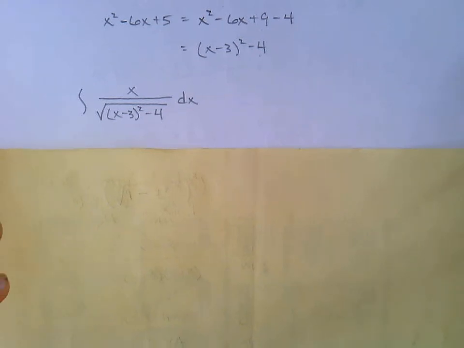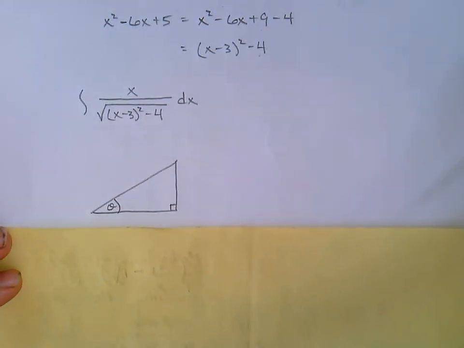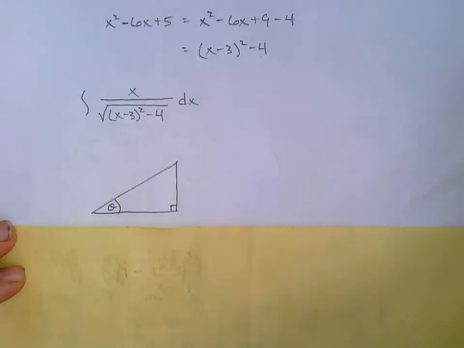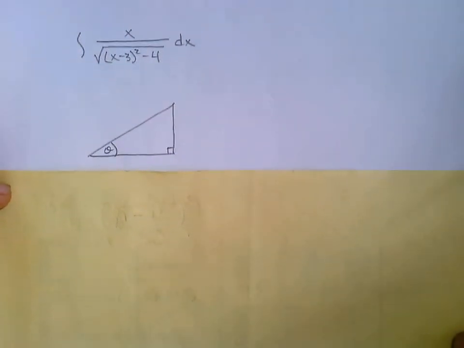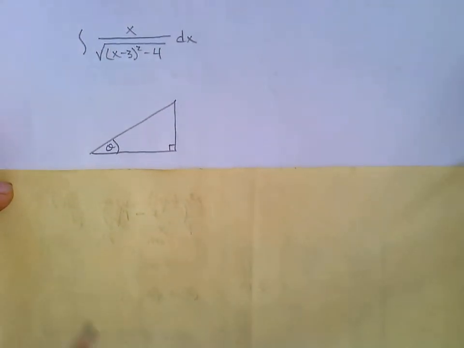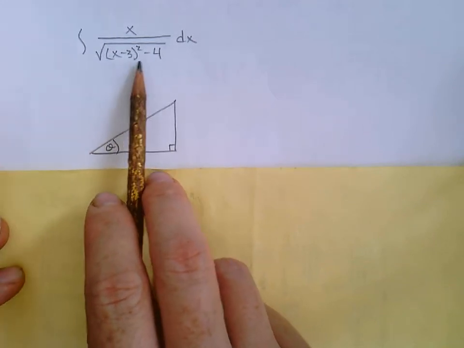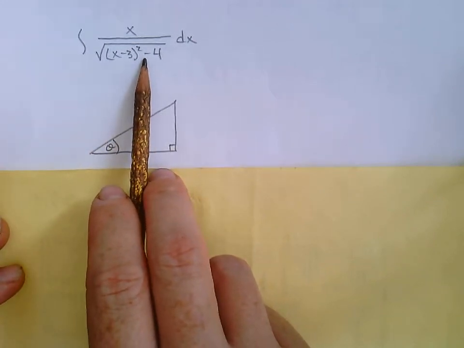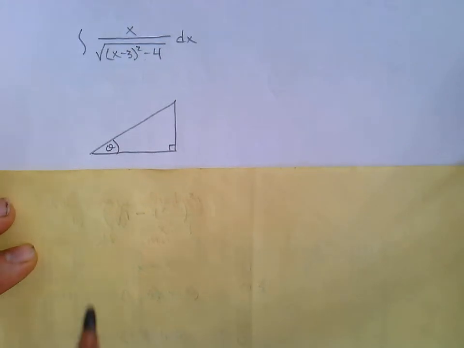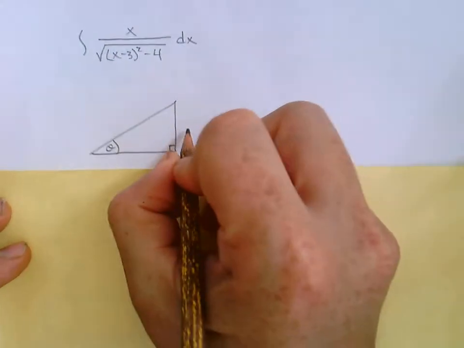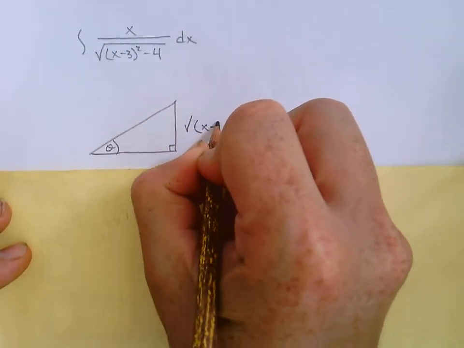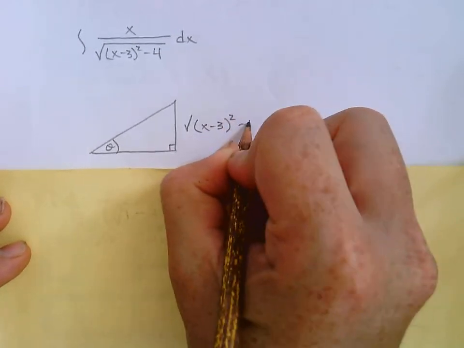And at this point, we're ready to draw our triangle. Let me go ahead and slide this all the way up, give us some space. Okay. So we're going to begin with the square root. Now again, we see we've got subtraction there between, so it's got to be a leg. And my preference is to put it on this leg here.